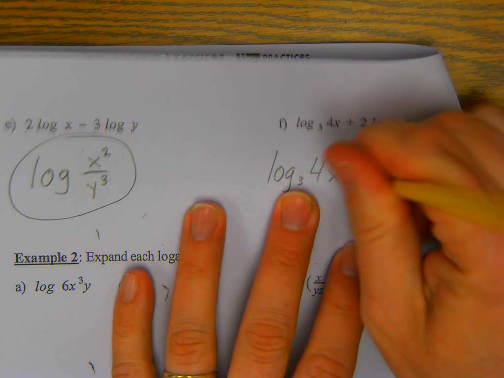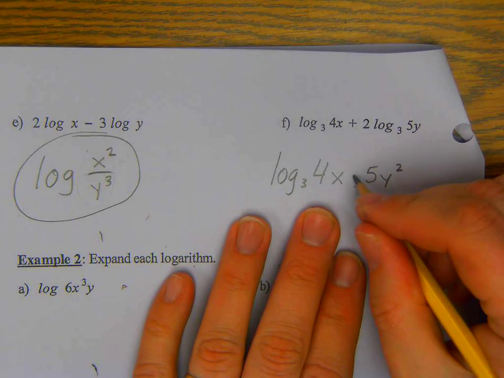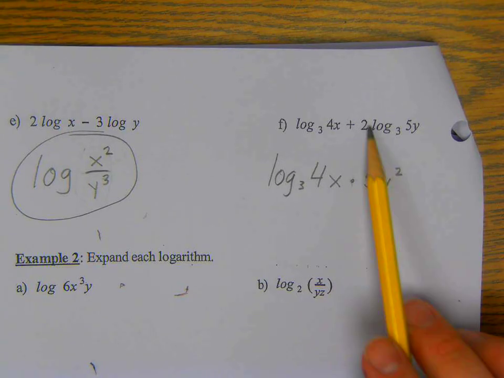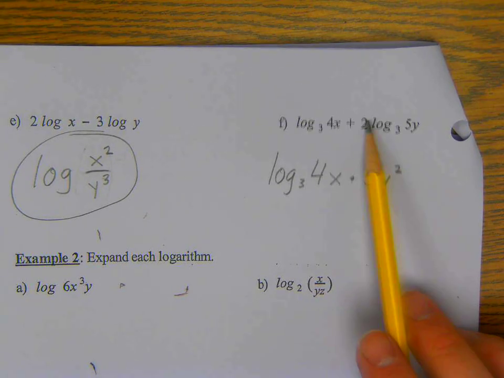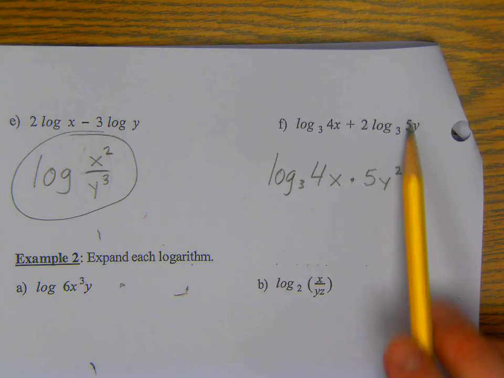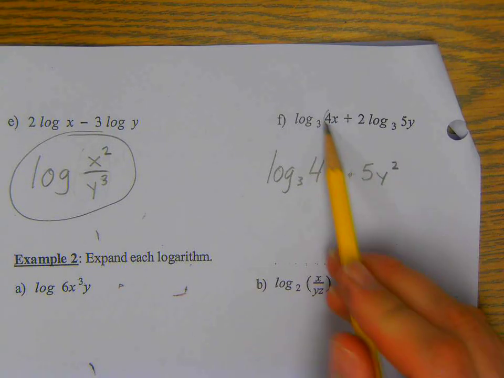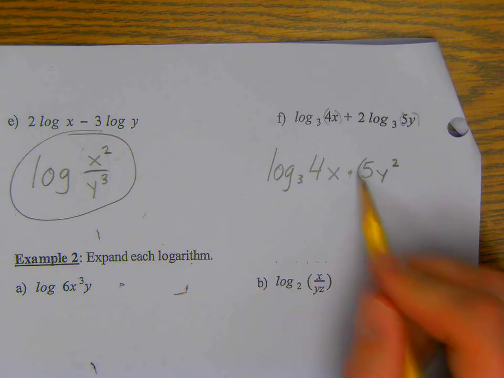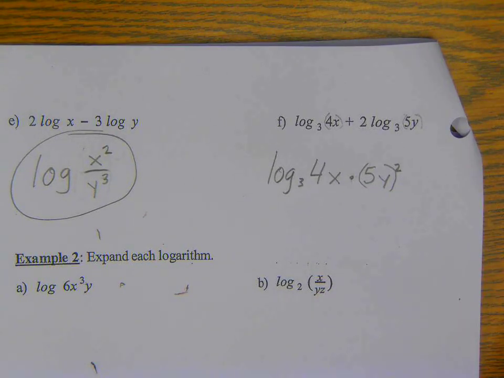So this would be a times right there. Now, this squared goes on the whole thing, I mean, really, just to be safe, this is kind of all together. So I think this squared is on the whole 5y, so if I put it in parentheses. So now let's put this together.